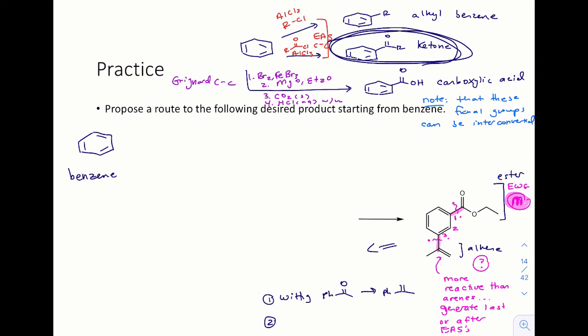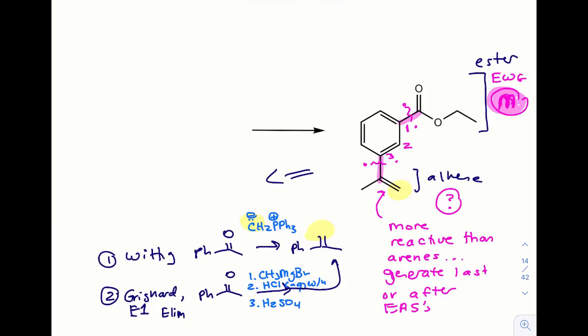Or again, using the ketone, there could be a Grignard and elimination sequence. Both of these routes could install an alkene from a ketone, which could easily be obtained from a Friedel-Crafts acylation.